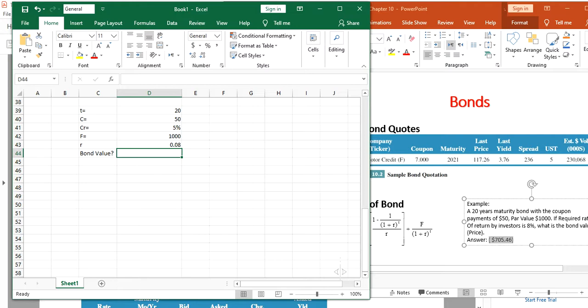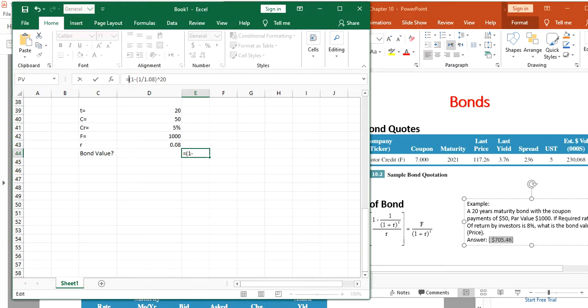So let's calculate the denominator over here. 1 minus 1 divided by 1 plus 0.08 to the power of 20.